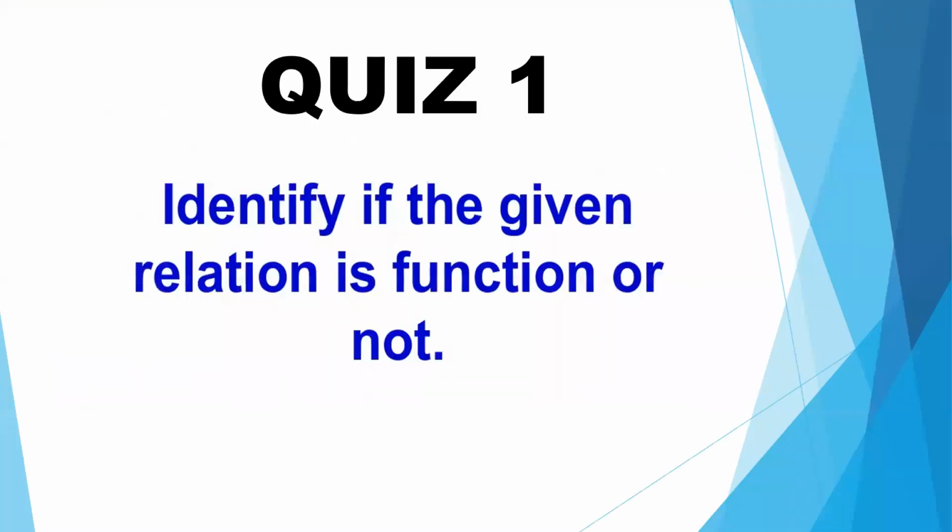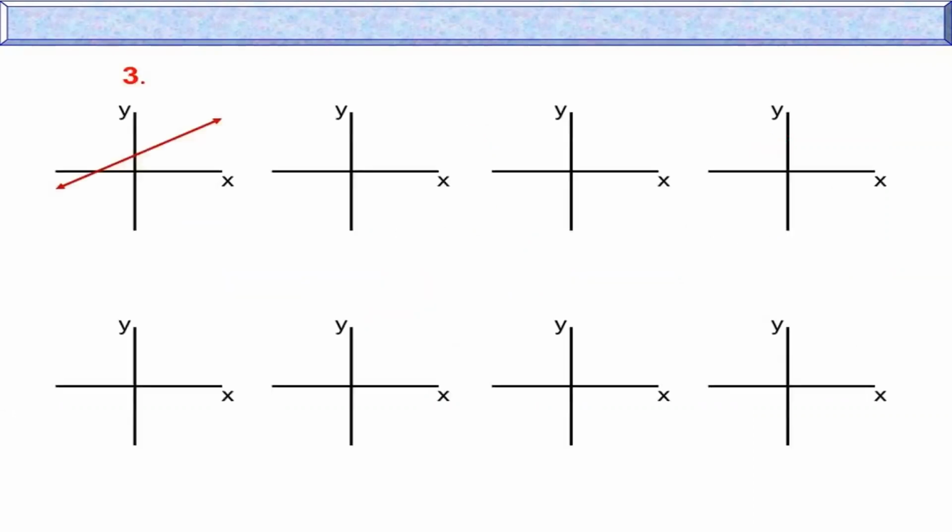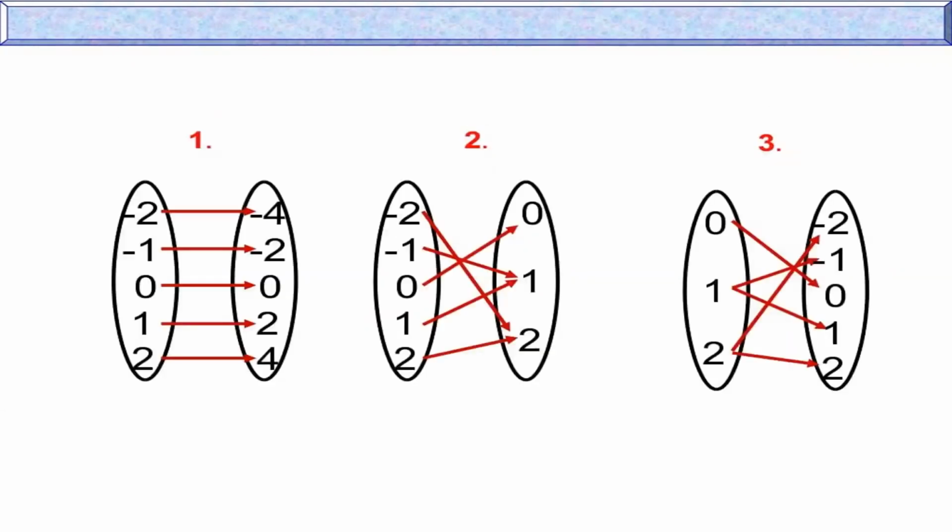Okay, now let's have a quiz. Identify if the given relation is a function or not. You can pause the video if you want to answer. Okay, the answer for number 1 is a function.